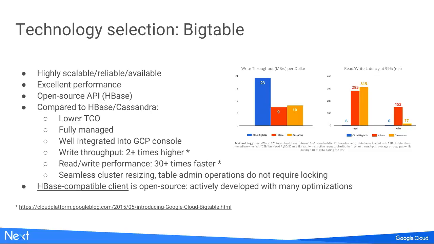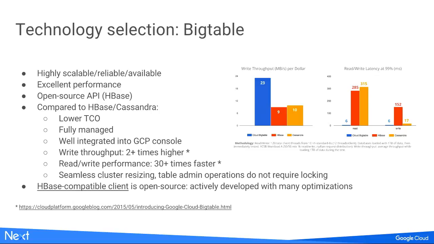Another important consideration for us is the API. The Java API to Bigtable is actually based on the HBase client. So if you don't know about HBase, Apache HBase is an open source NoSQL database that was modeled after the Google published Bigtable paper.